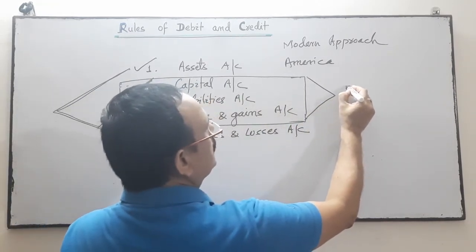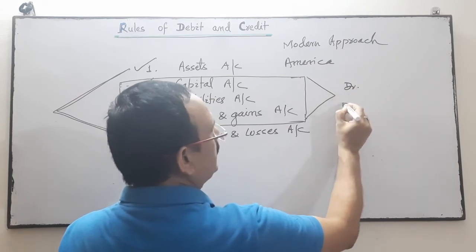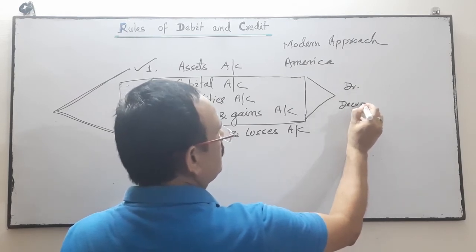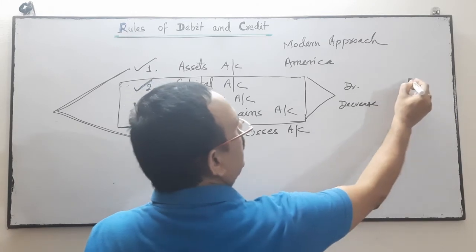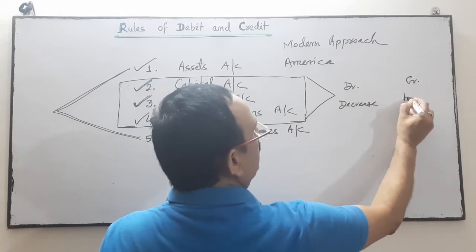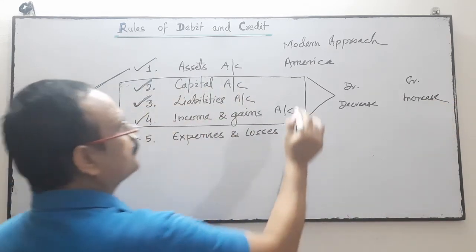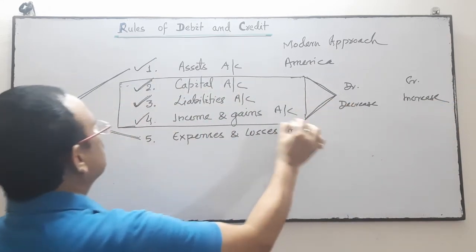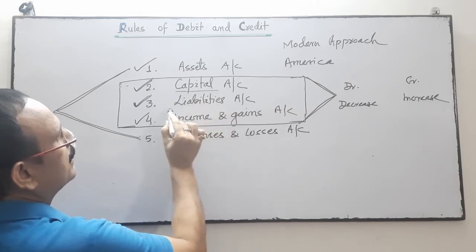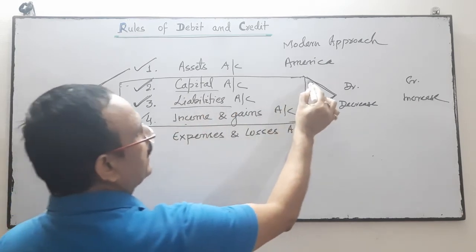Means debit decrease and credit increase for these three accounts: capital, liabilities, and incomes and gains.